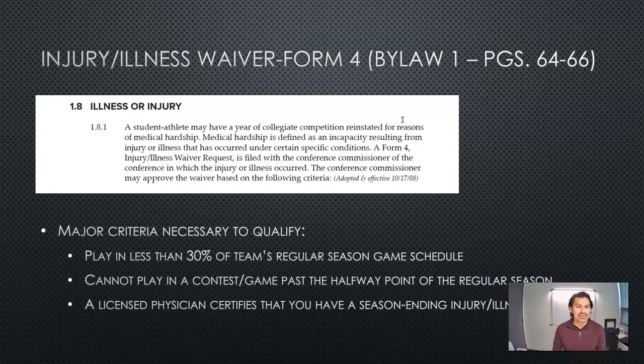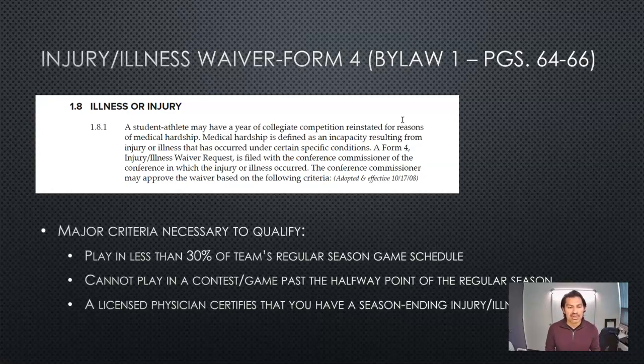And it states that a student athlete may have a year of collegiate competition reinstated for reasons of medical hardship. So medical hardship is defined as an incapacity resulting from injury or illness that occurred under certain specific conditions. And it also mentions that a Form 4 is filed with the conference commissioner of the conference in which the injury or illness occurred, and then the conference commissioner may approve the waiver based on the following criteria.